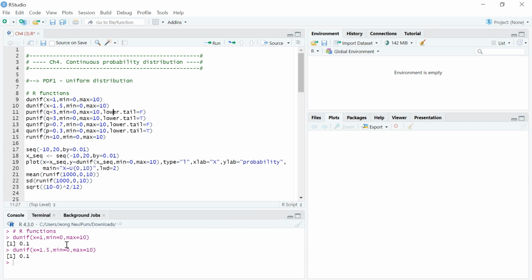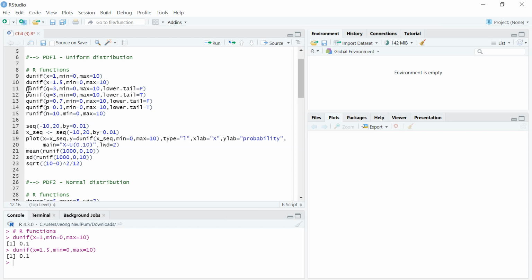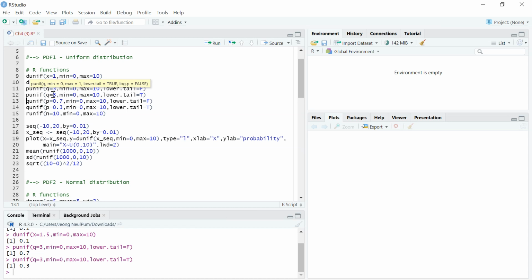You can confirm the result by running this code. As you can see, punif also gives us the CDF value, along with our q value, which is a quantile.